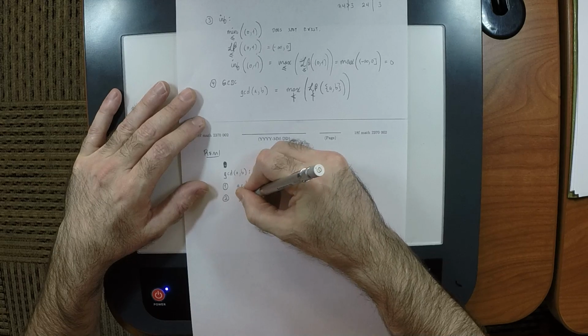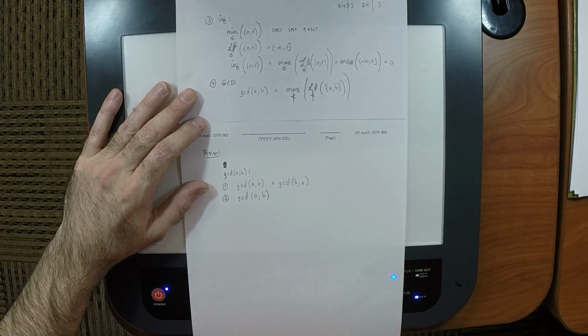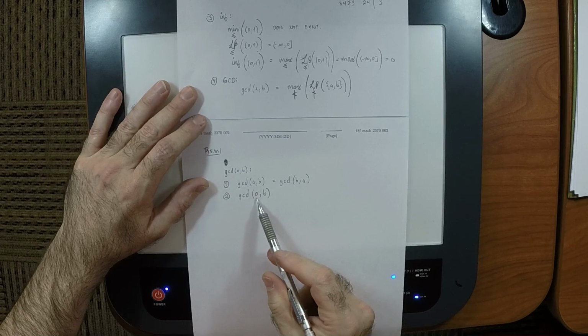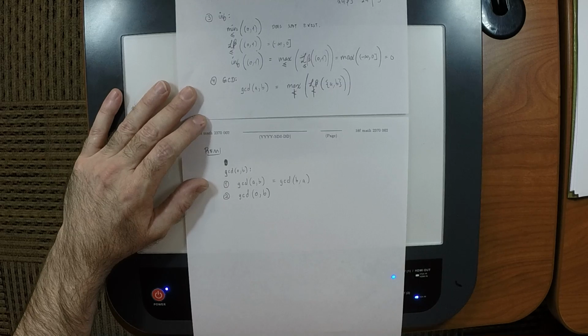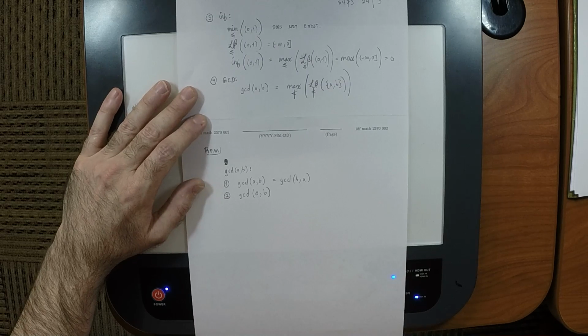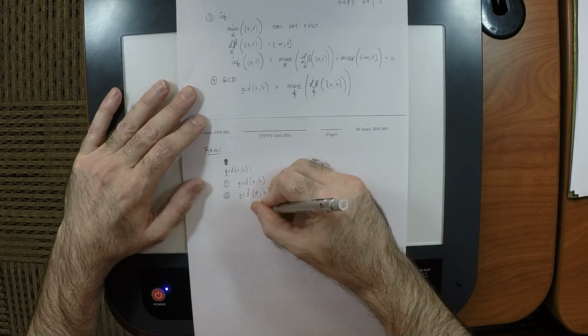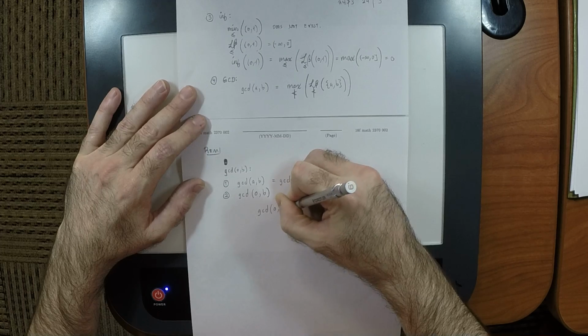Similarly, how about the GCD of 0 and B? Which is to say that, what if it comes to pass that that first argument is 0 and that other one is whatever? Then what's the answer? Again, to give you an example, how about GCD of 0 and 24?